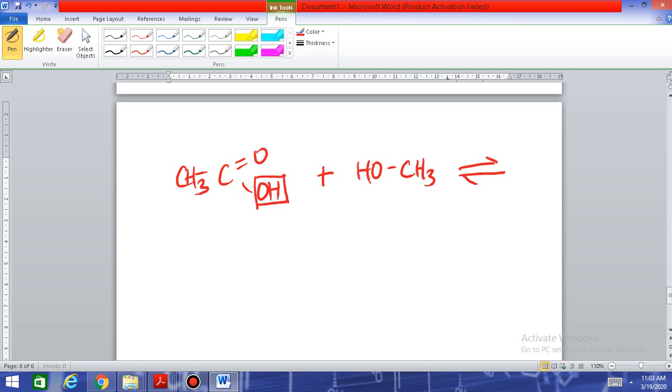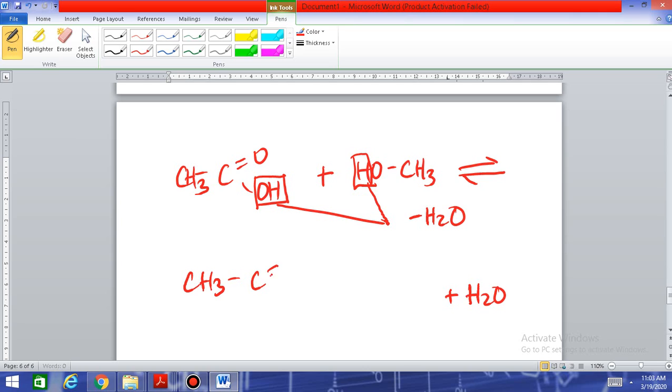OH from carboxylic acid and hydrogen from alcohol are removed. They combine together to produce water. That's why water is produced in esterification, and the remaining molecules combine together to produce ester, CH3, C double bond O, O, CH3. So this is the ester produced.